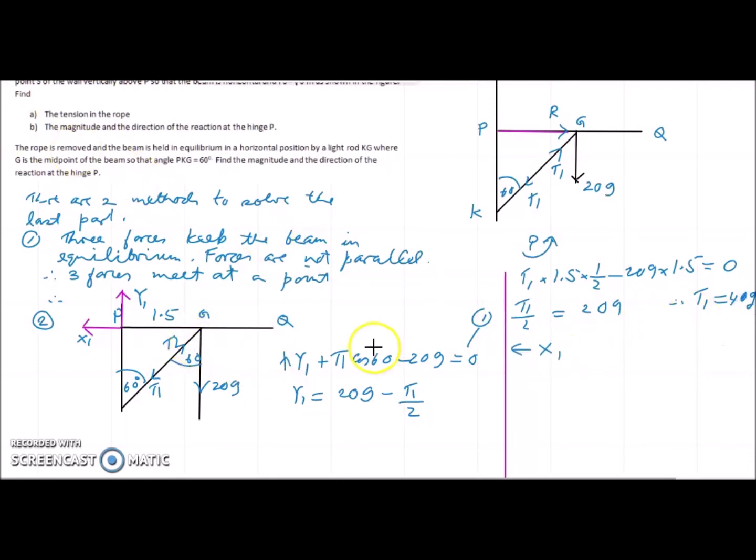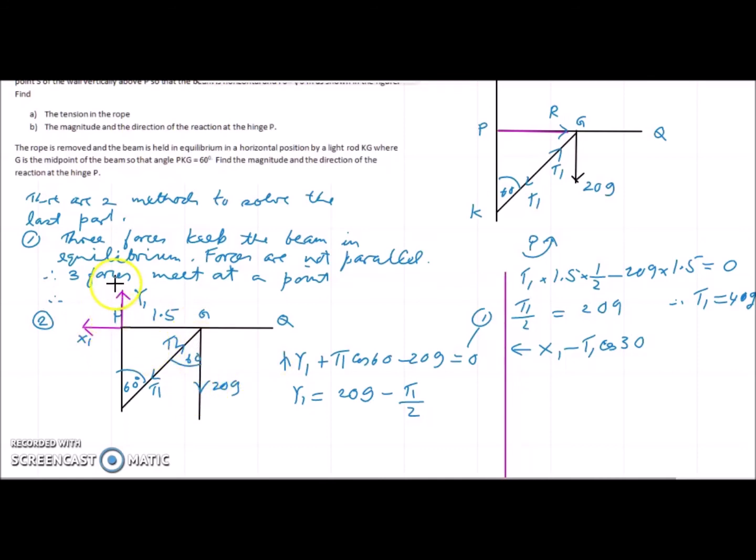Then the other equation we can write is the algebraic sum of the resolved parts of the forces along this direction equals 0. Then we begin with x1 minus T1 cos 30, since this angle is 30. x1 minus T1 cos 30 equals 0.